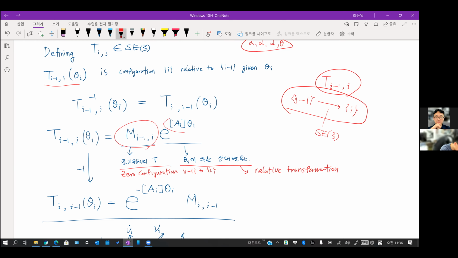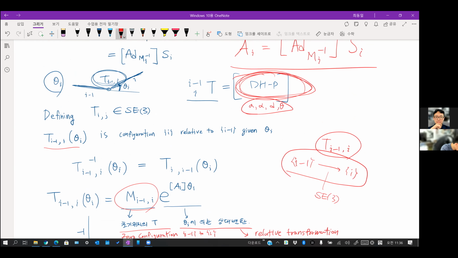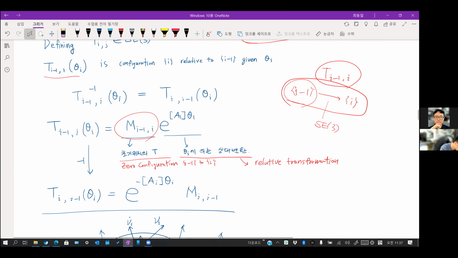So we use the body screw and theta_i. So in this figure, this one is the i minus 1 link and the i link. If there is some rotation theta_i, we can make the homogeneous transformation matrix between i minus 1 and i using this equation.